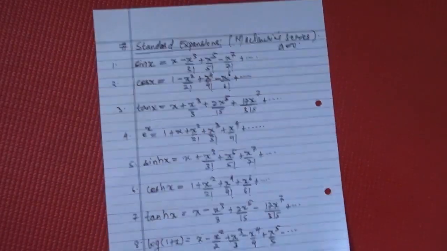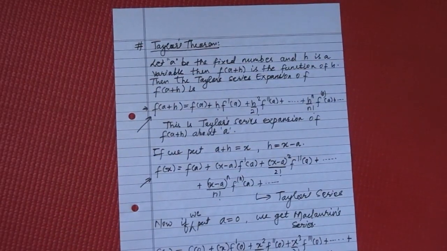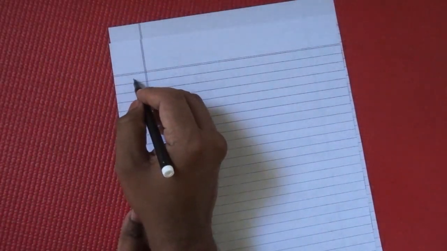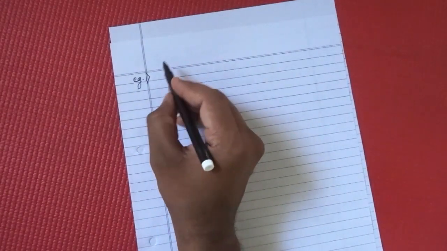Now let's take some examples on Taylor's theorem. So the first example is this.